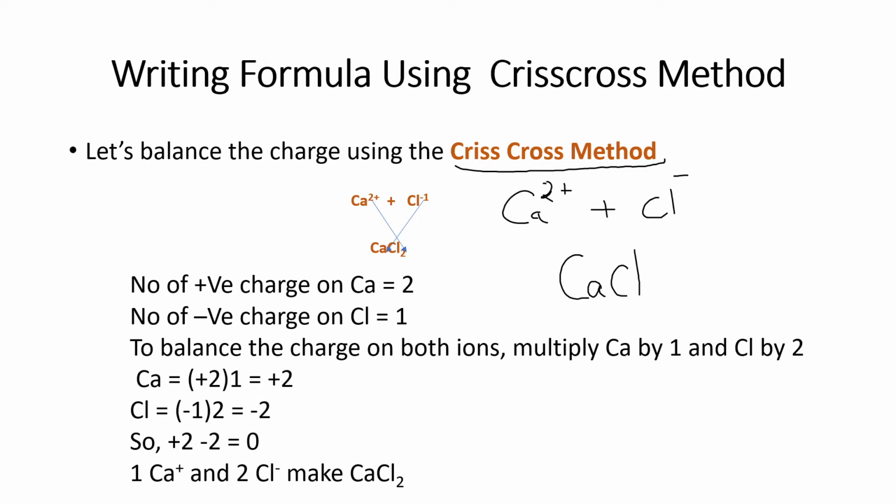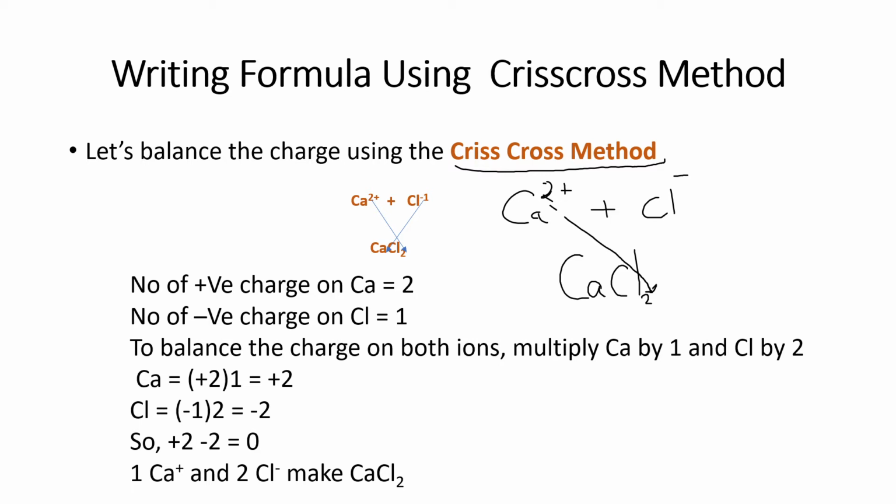The next step is to crisscross their number of charge to the subscript of the opposite element. For example, here the 2 on the calcium is written in the subscript of the chlorine, so it will become Cl2 over here.